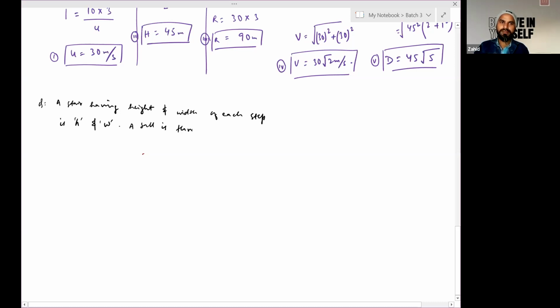A ball is thrown horizontally at velocity u. Find the nth step on which it will hit the stair.